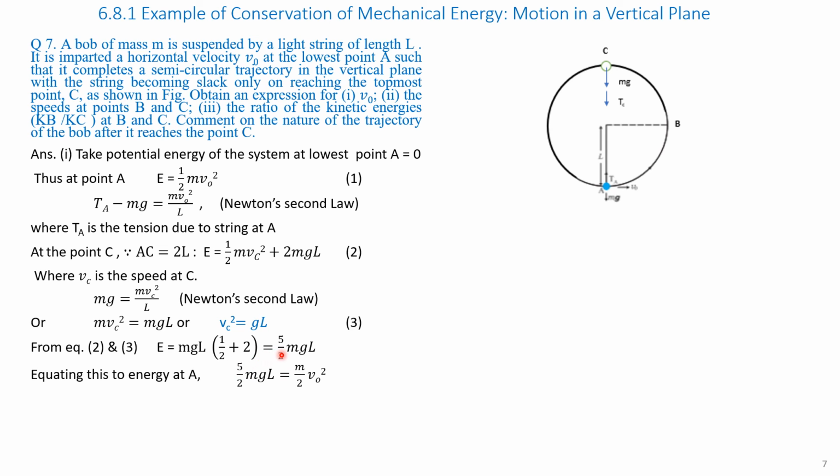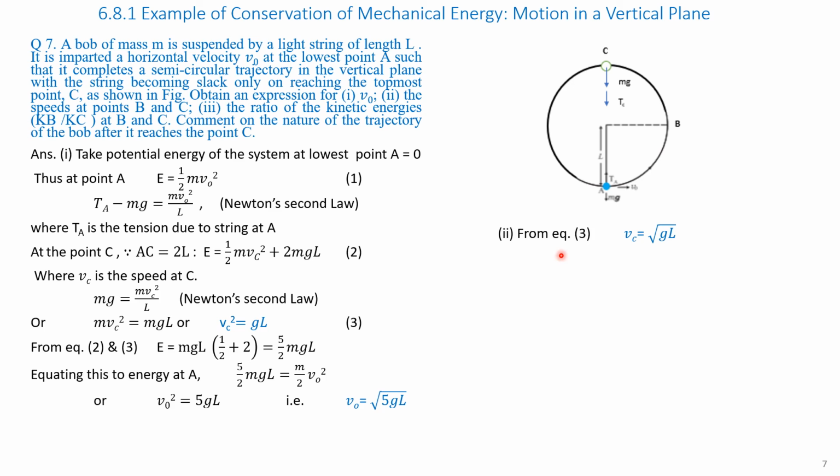Equating this to the energy at A, which we found as m v naught square by 2, we get 5 by 2 mgL is equal to m by 2 into v naught square. Solving for v naught, since m cancels and the 2 in the denominator on both sides cancels, v naught square is equal to 5gL. Therefore, v naught is equal to square root of 5gL.